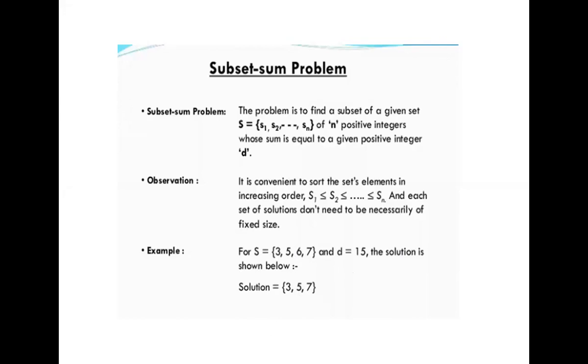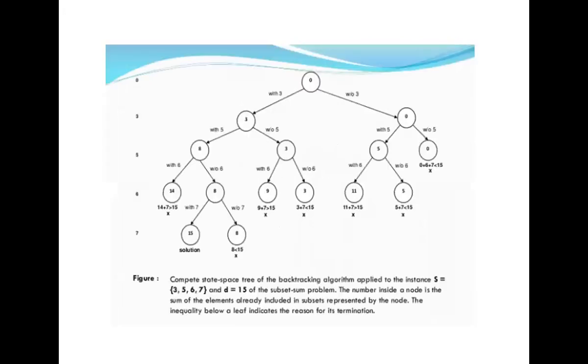Okay, so how do we solve it? By using backtracking. What we have to do is construct a state space tree for the problem. See, this is the state space tree.